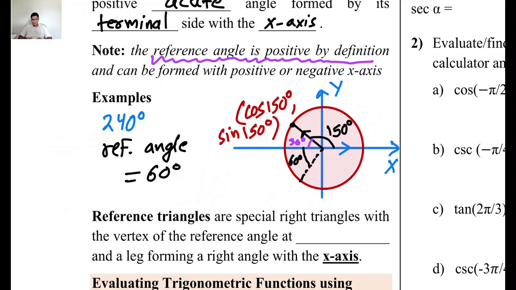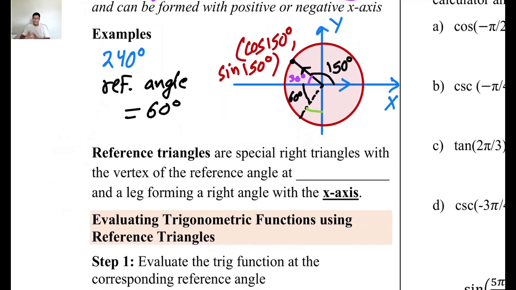So again, to highlight and super emphasize, we don't talk about this angle. That's not the reference angle. The green one is not the reference angle. The 60 degree with the x-axis, that is the reference angle.